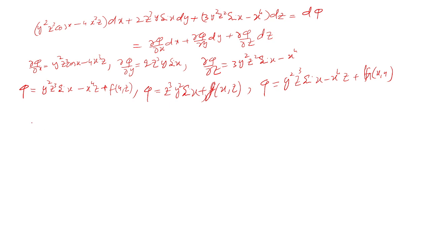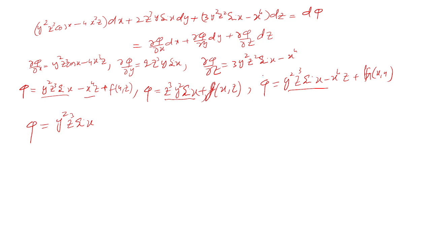Now we have to collect phi from this, so simply you see this function is written twice, this is written over here and here, so that is y square z cube sin x, and this function is also written over here, so this one and this one and this one, so that is this function.